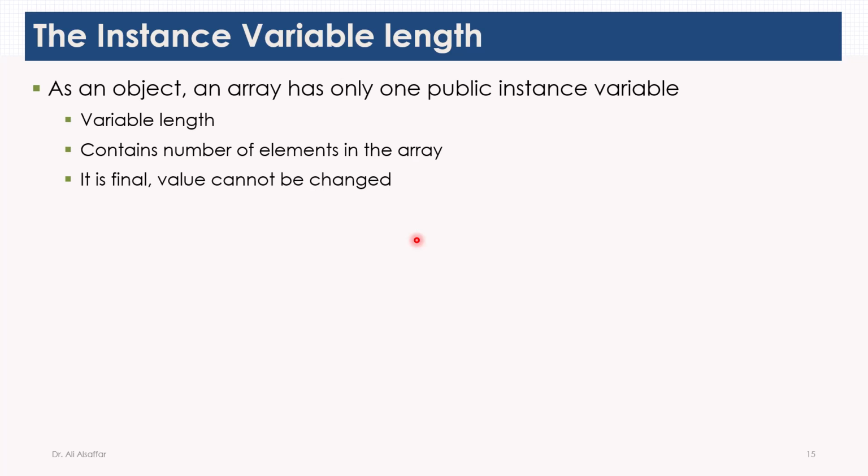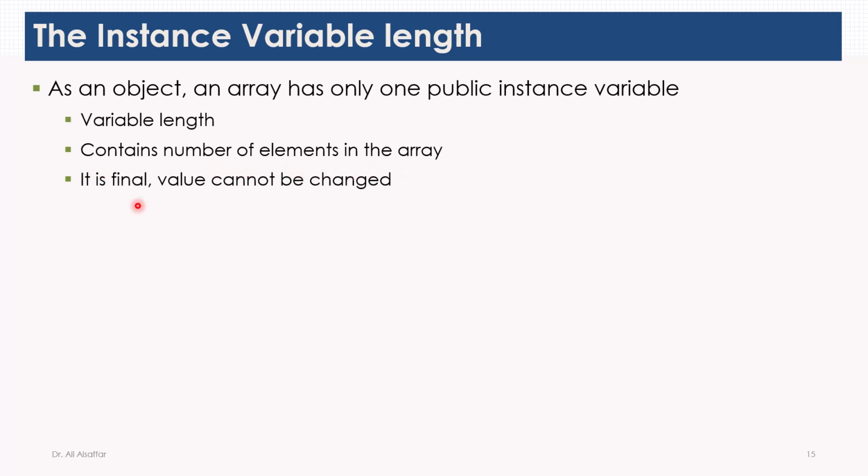When you declare arrays, as part of the declaration you specify how many elements you want to create. This number represents the length, and in programming, whenever you want to refer to this number, you can refer to it by this public instance variable, which contains the number of elements in the array.